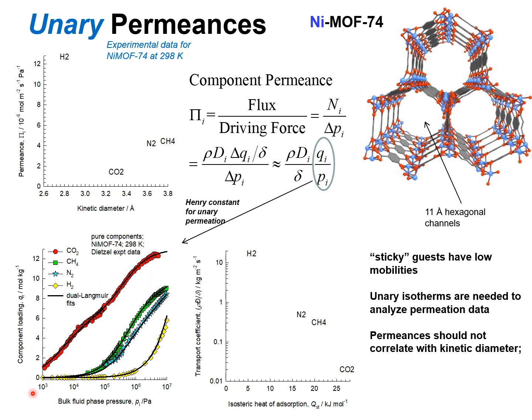Based on the unary isotherm data, we can determine the Henry constant and back calculate this term, which I call the transport coefficient. You can consider this to be a kind of diffusivity because the framework density and the membrane thickness are not varying, and we note that the diffusivity of the gas molecules decreases with increasing binding strength.